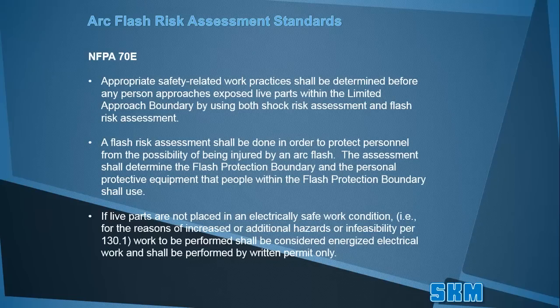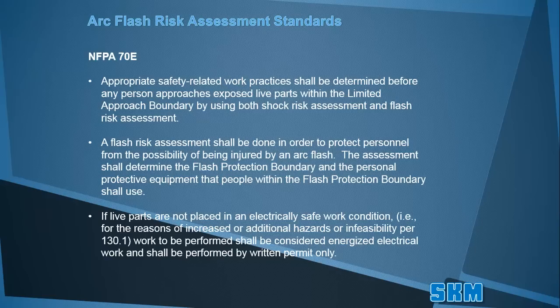In regards to arc flash, NFPA 70E states, appropriate safety-related work practices shall be determined before any person approaches exposed live parts within the limited approach boundary by using both shock risk assessment and flash risk assessment. A flash risk assessment shall be done in order to protect personnel from the possibility of being injured by an arc flash.